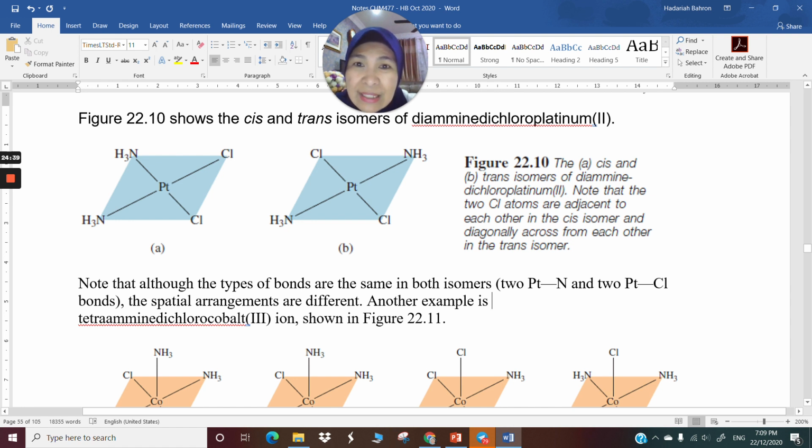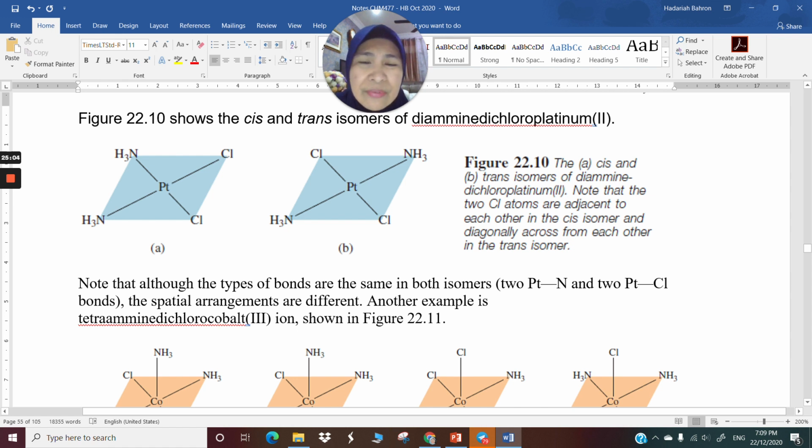Now, cisplatin is a very, very good cancer-killing agent. It can kill cancer cells because of the position of this ammonia. But if you change the position of the ammonia to become trans to one another, this compound cannot kill cancer cells. This is a very strong anti-cancer agent.